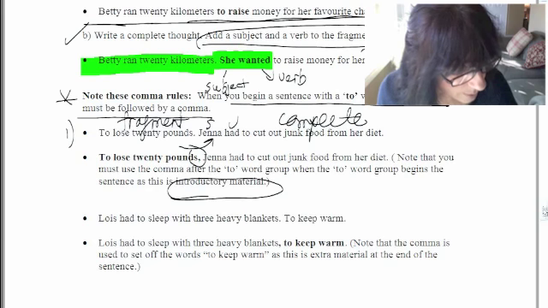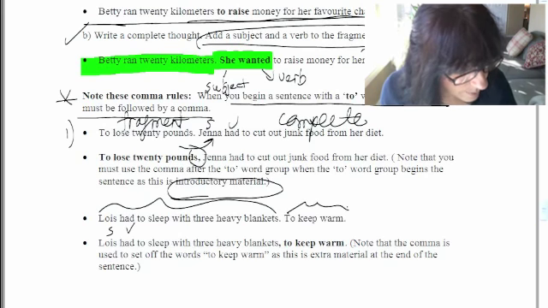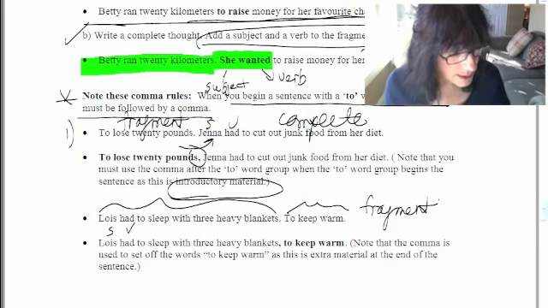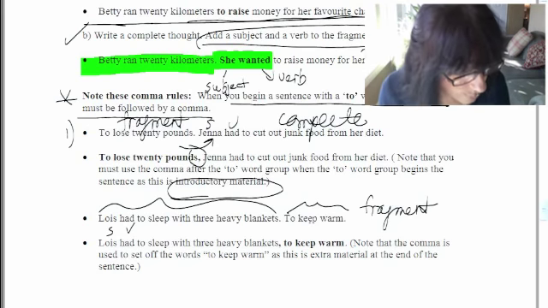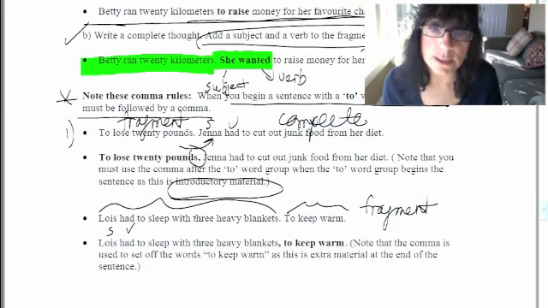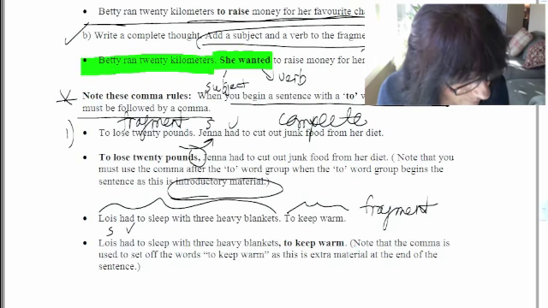Another example, Lois had to sleep with 3 heavy blankets to keep warm. Okay, this one is complete. You've got your subject, you've got your verb. But to keep warm, that's a fragment. It's one of those to word groupings. So how can you correct it? Well, you can join it to the sentence before. So you could take this fragment and join it to the sentence before. That's the easiest thing to do. Lois had to sleep with 3 heavy blankets.